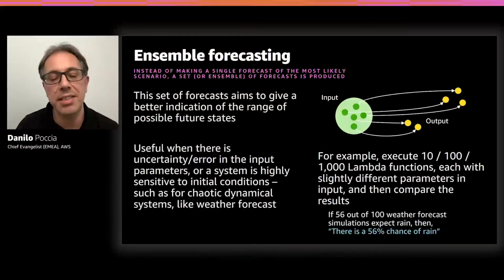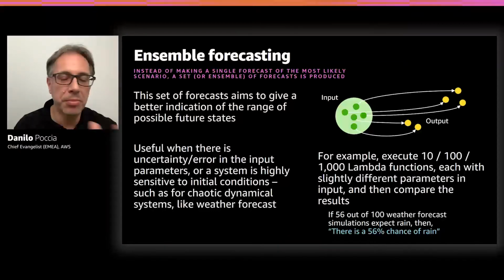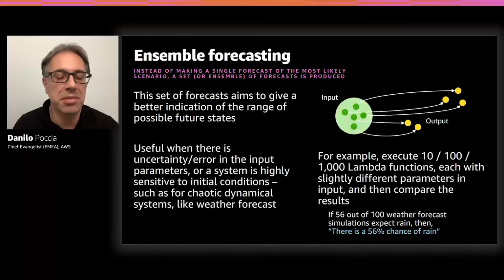In weather forecast, this is very common. So, for example, if you run 100 weather forecast scenarios with all they are uniformly distributed across your input values, then if 56 of these simulations expect rain, then you can say that you have a 56% chance of getting rain.